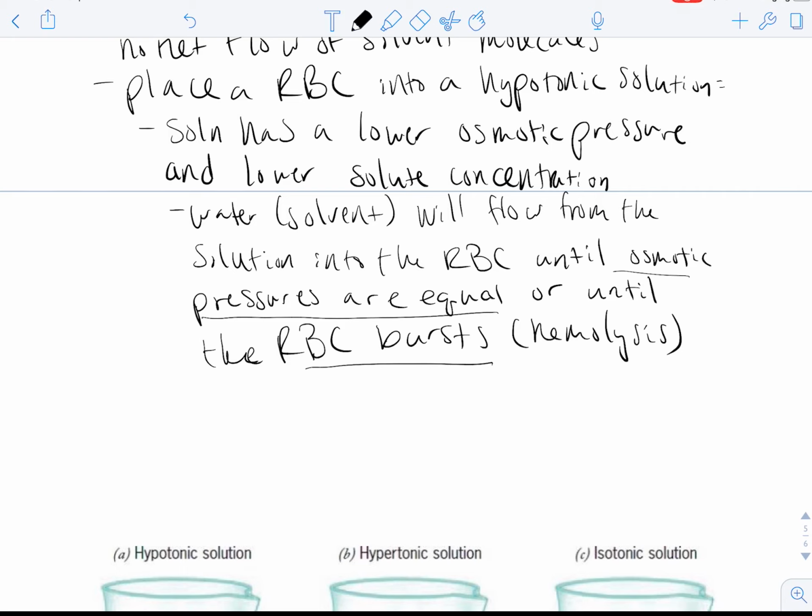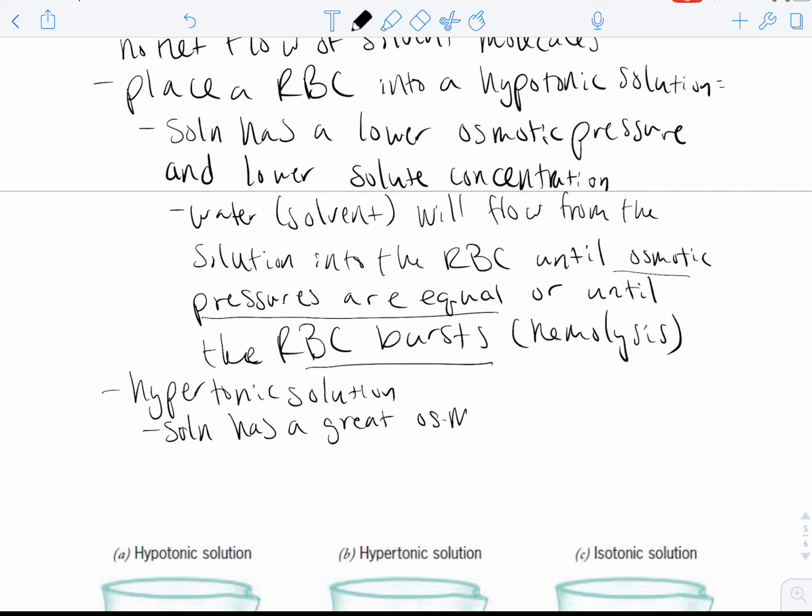Our other option is a hypertonic solution. Here we've got a greater osmotic pressure, so a greater solute concentration.